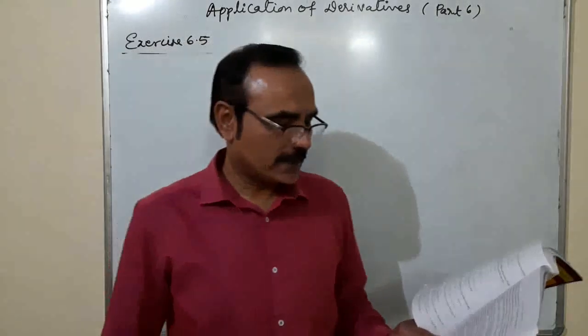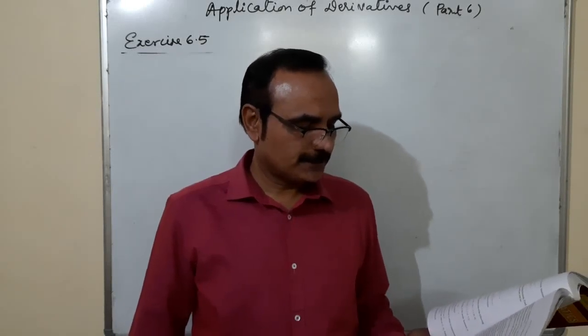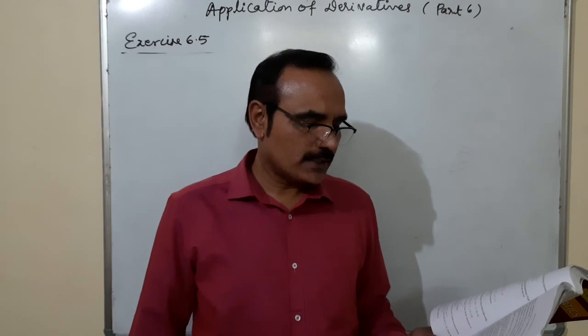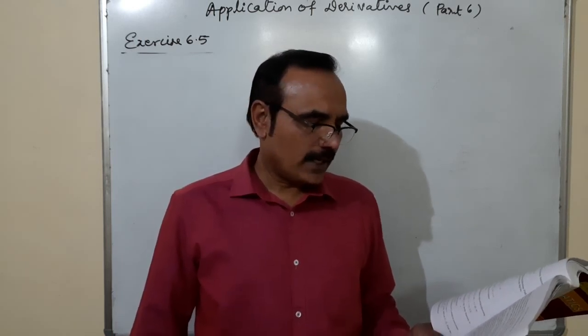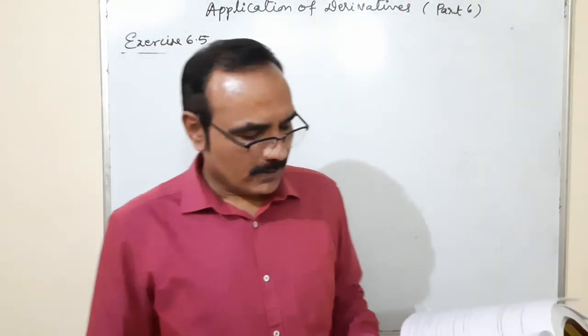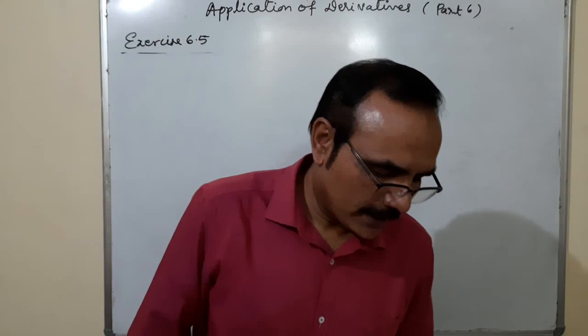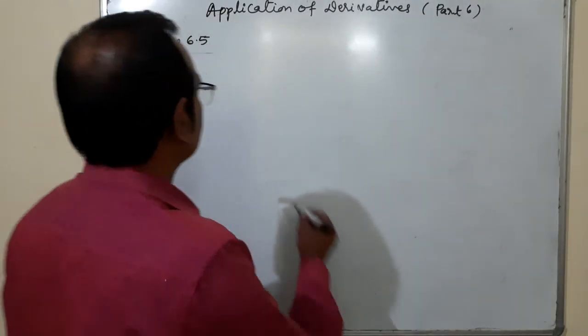Three questions like that, 24, 25 and 26. I am taking 25: show that the semi-vertical angle of the cone of maximum volume and of given slant height is tan inverse root 2. Question number 25.